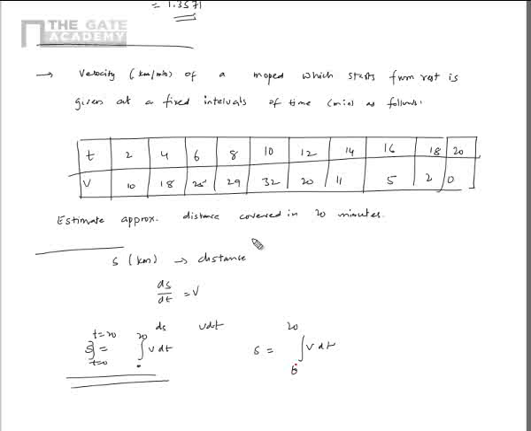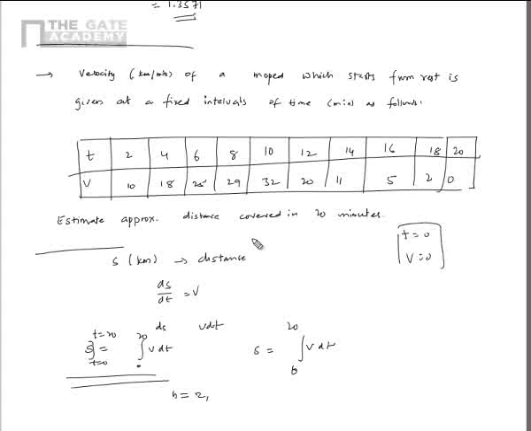Unless otherwise specified, you can use this interval; in the exam they will specify. Here h is 2, because that is how you want to evaluate between 2 and 20. Starting from rest, time is 0 and velocity is also 0.